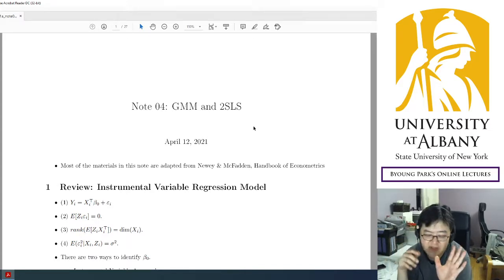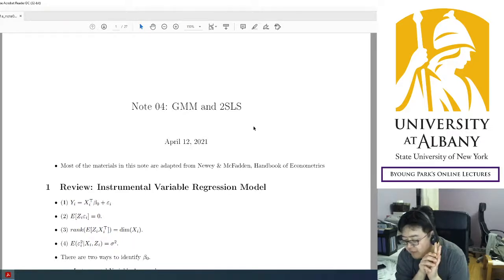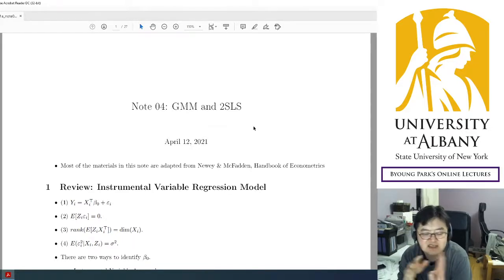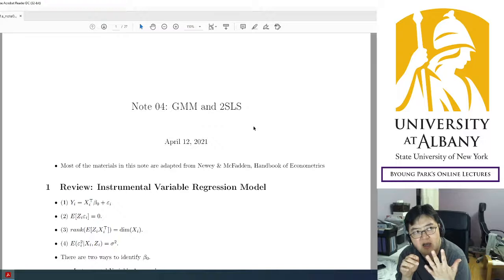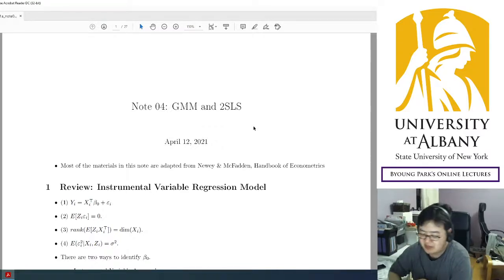So my plan is hypothesis testing for maybe 2 or 3 classes, and then the simultaneous equations model and the quantile regression model. This is my goal: I would like to finish these 3 more chapters. I will do my best to finish that. Last year I did 1 more chapter after quantile regression, but I think that is not possible this year.